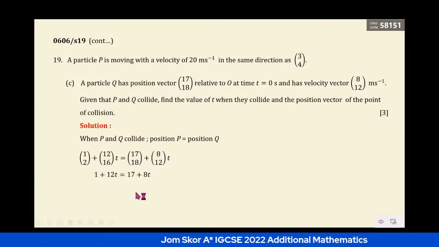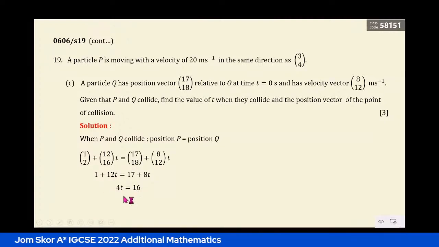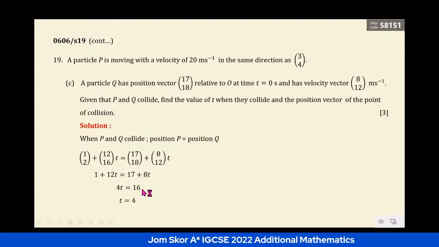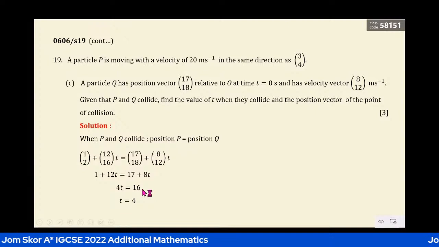Alright, so macam biasalah kita simplify, then you will get 4T is equal to 16. Therefore, T is equal to 4. Alright, so we know that these two particles will collide when T is equal to 4 seconds.